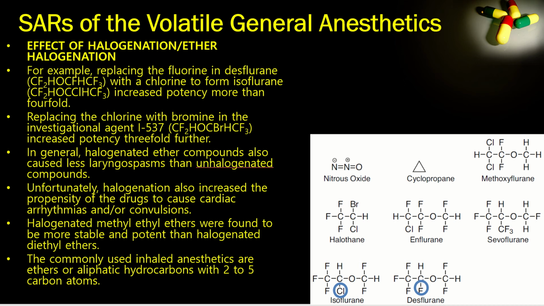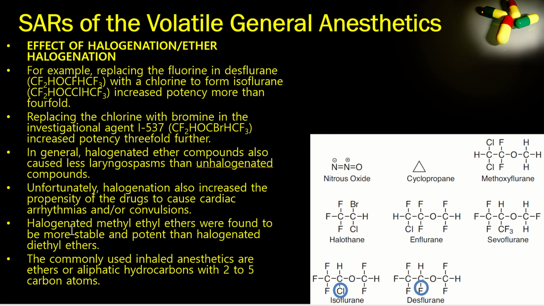So the halogenated methyl ethyl ethers were found to be more stable and potent than halogenated diethyl ethers, right? So we're looking at methyl ethyl ethers, which are these, in comparison to diethyl ethers, and I don't have any of those here.